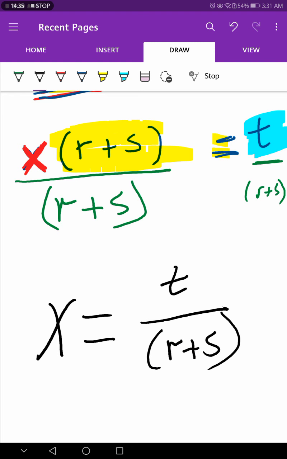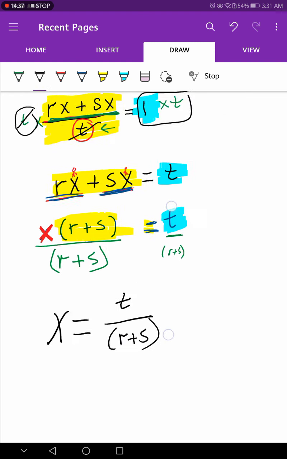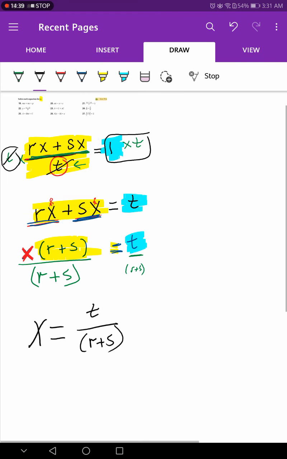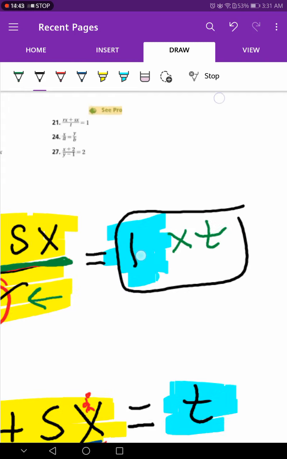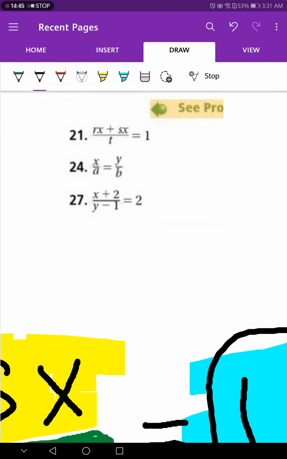We are done. So this equation is hard for you as a beginner in algebra, but remember that if you have whatever here, if you have a lock here, you have to break it by multiplying both sides by what you have down, which is t. Every time, teacher.